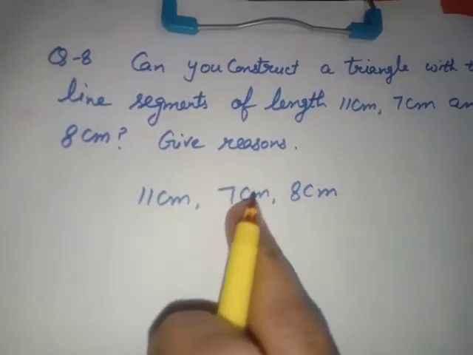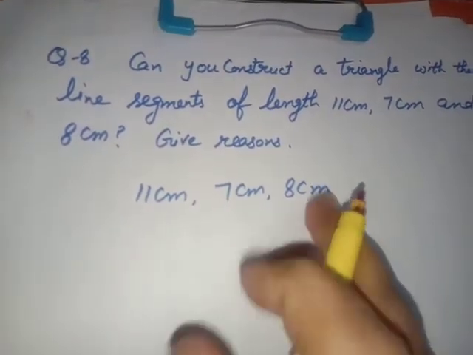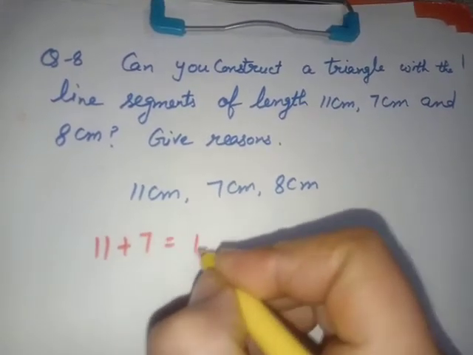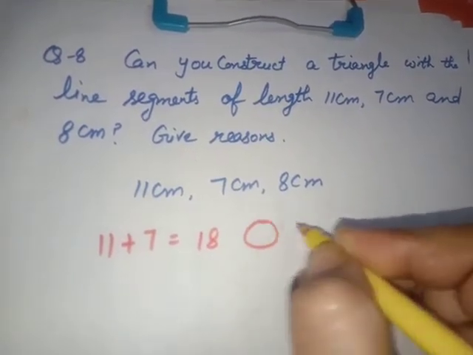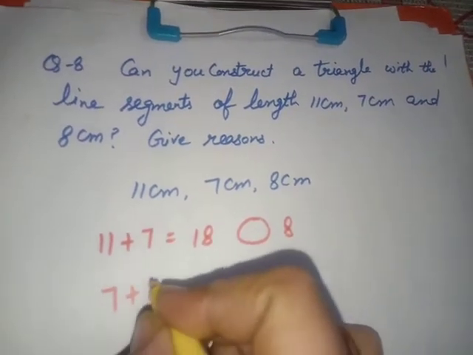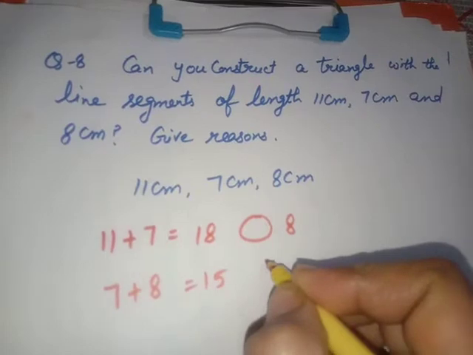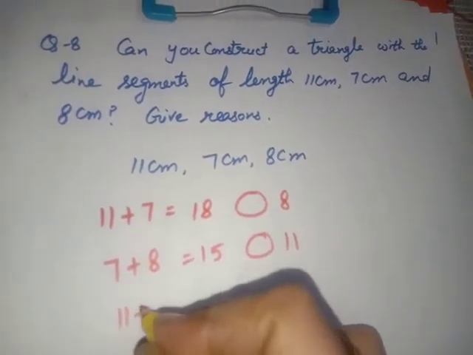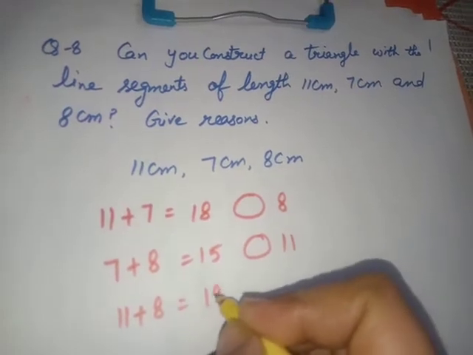Just add 2 sides, then compare with the third. When I add 11 plus 7, this is 18. Compare with the third one, 8. 7 plus 8, this is 15. Compare with 11. 11 plus 8, this is 19.